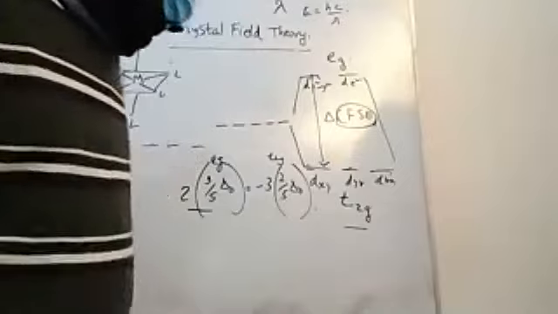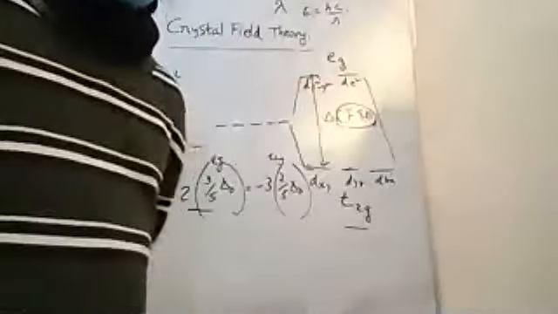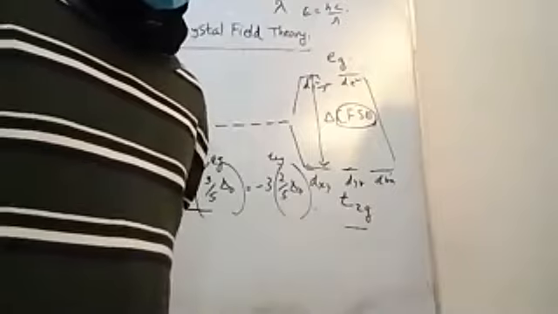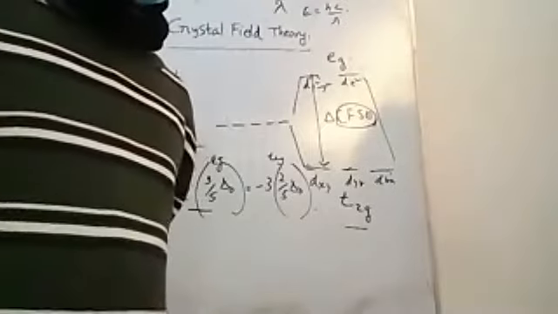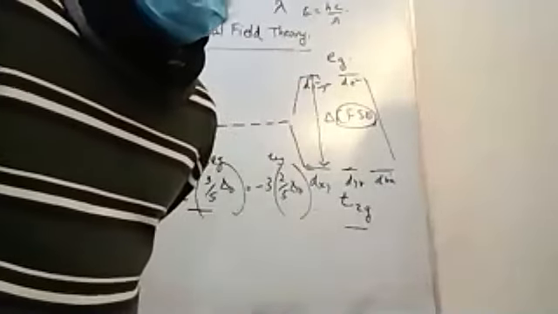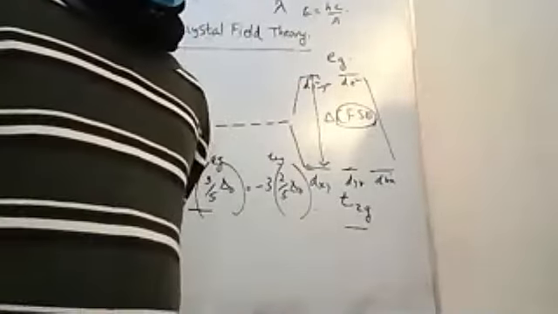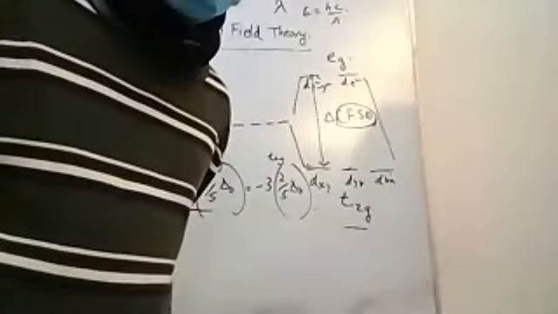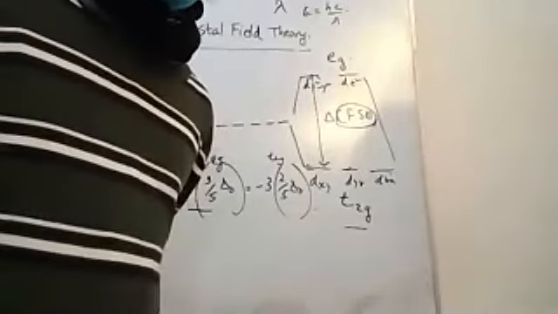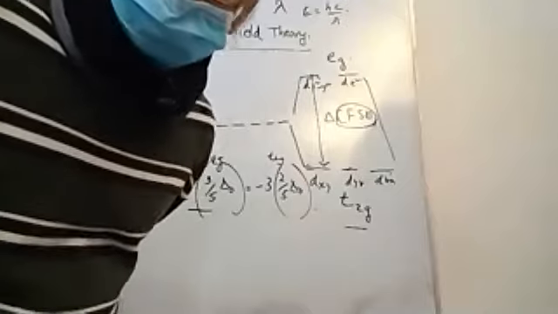One of the interesting aspects is that this splitting energy, or the crystal field stabilization energy, depends sensitively on the nature and identity of the ligand. Different ligands produce different splittings. Some produce strong splitting, and they're called strong field ligands, and some ligands produce very weak splitting, and they are called weak field ligands.